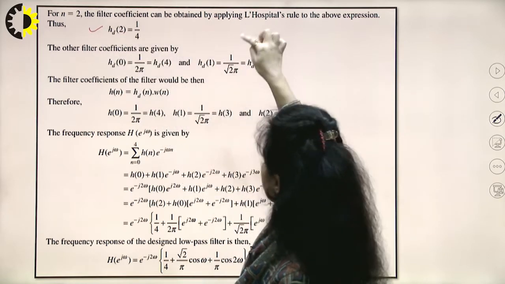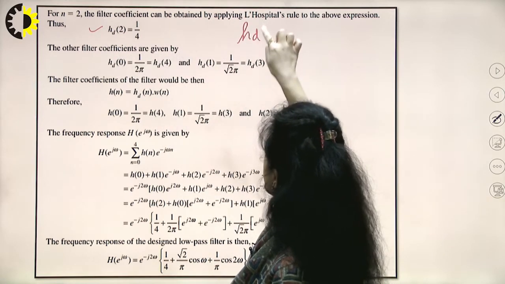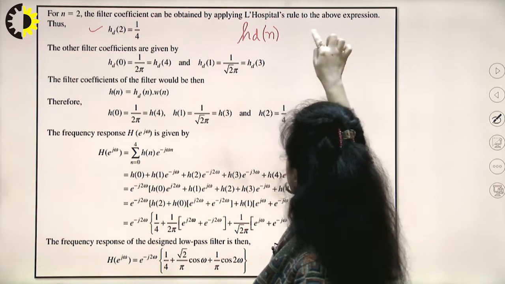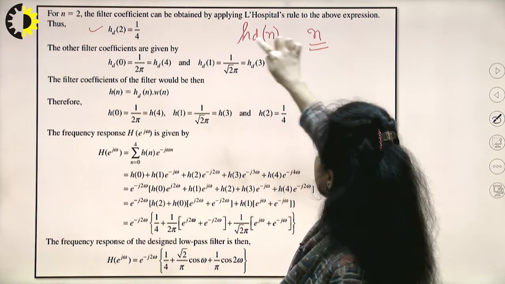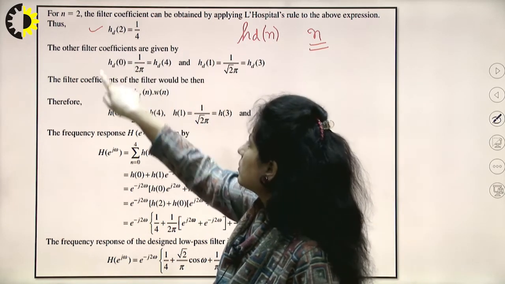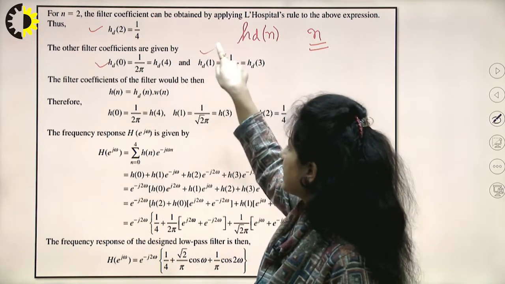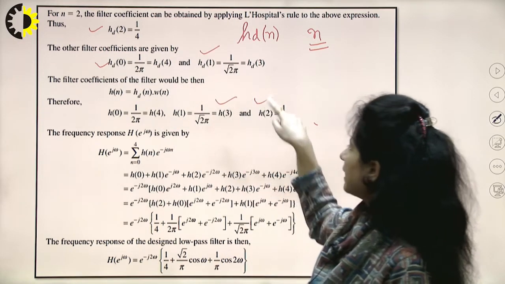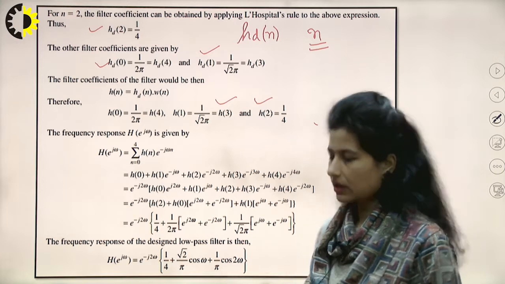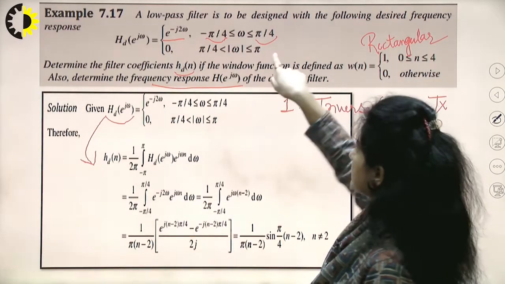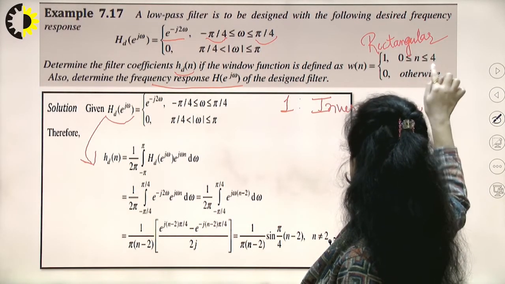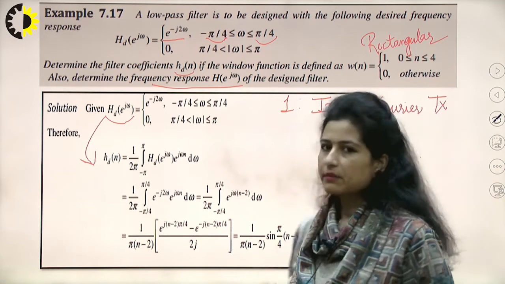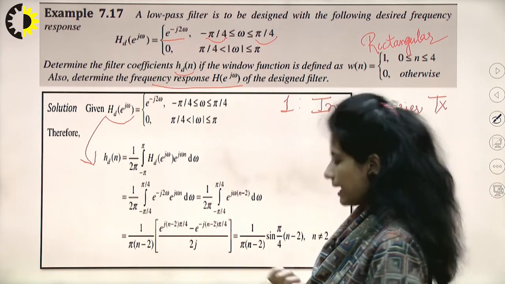Once I have generated this hd(n) for different values of n, I'll calculate hd(0), hd(1), hd(2), hd(3) and hd(4), whatever number of samples are desired. So if the window has been defined for 0 to 4, that many samples have to be calculated.